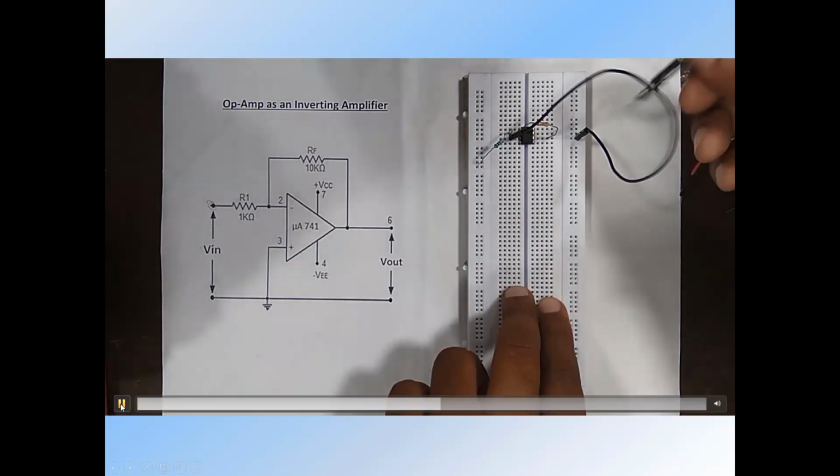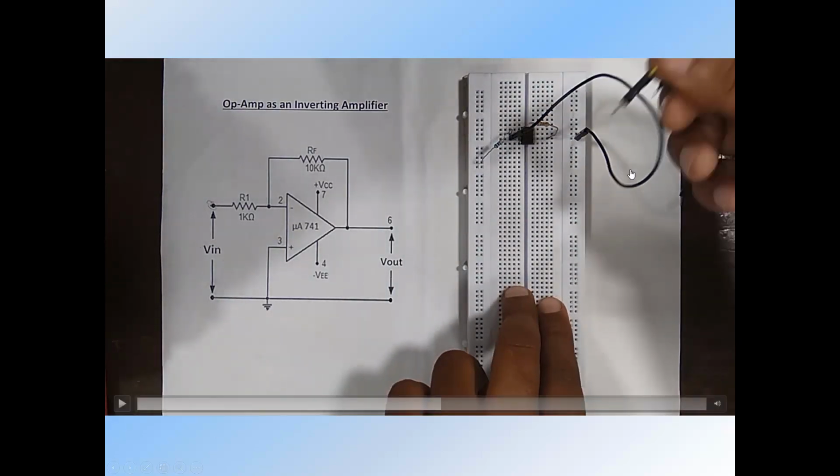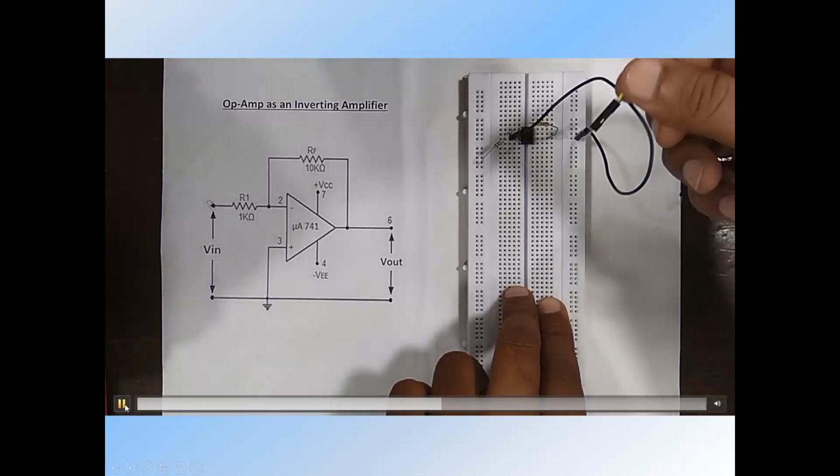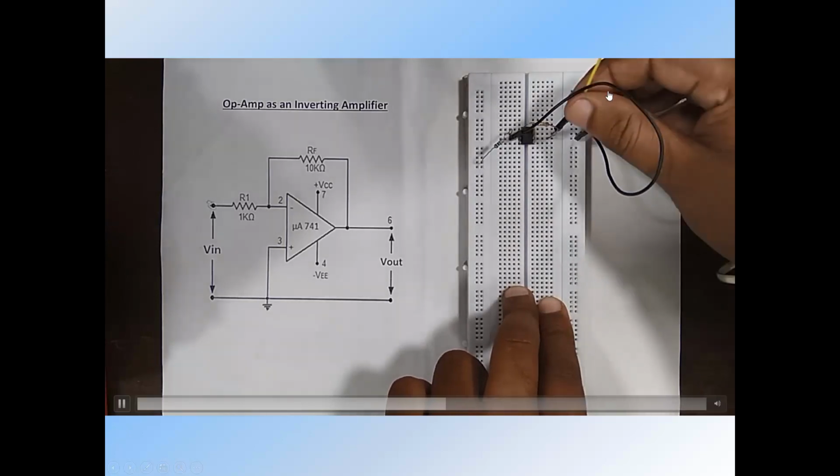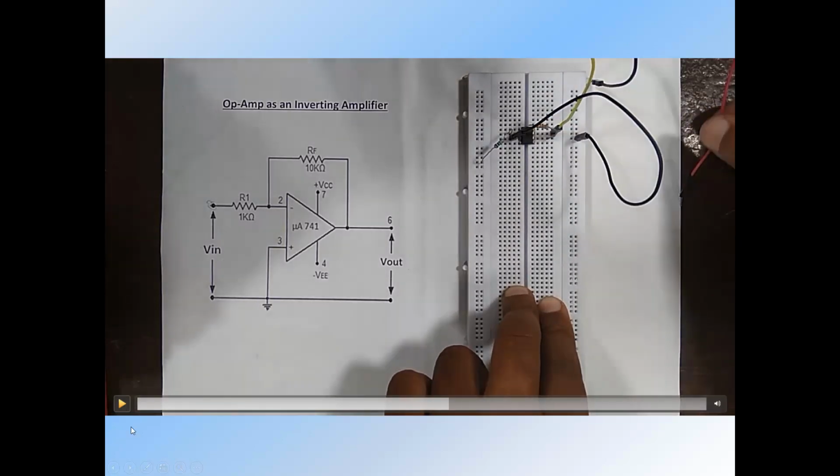Now connect these jumper wires one by one according to this circuit diagram. This yellow jumper wire will be connected to pin number 7. This is pin number 7, second last from the right side of the IC.